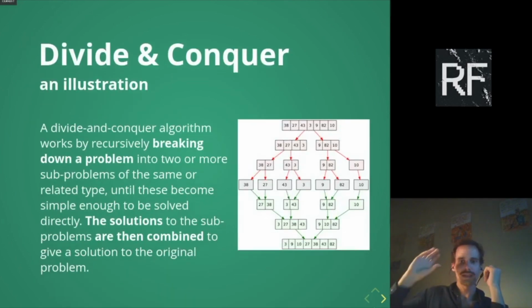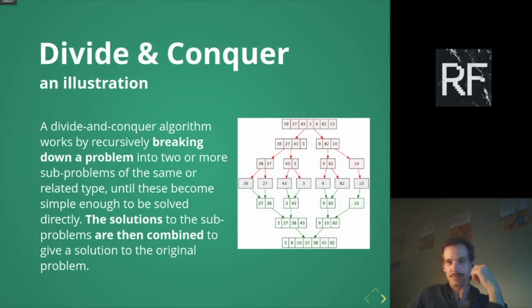To illustrate, this way of thinking may seem strange at first sight, so I present to you this divide and conquer method. So that's a way to resolve a problem. Here there is a list of numbers that has to be sorted.